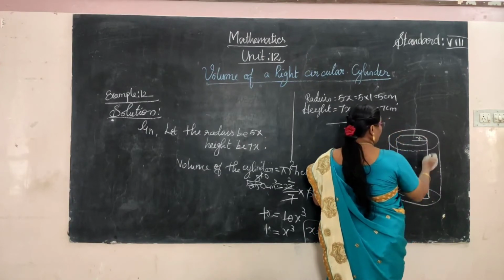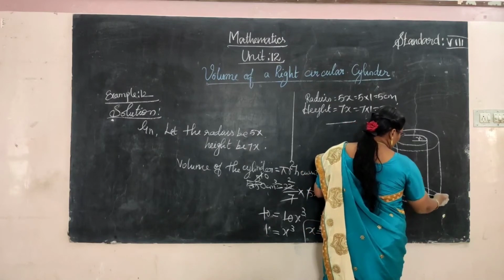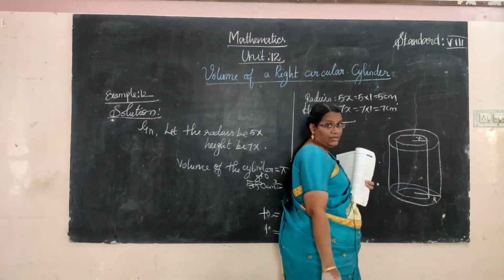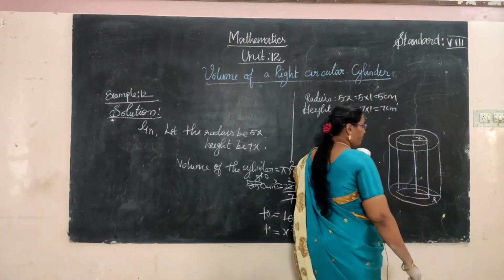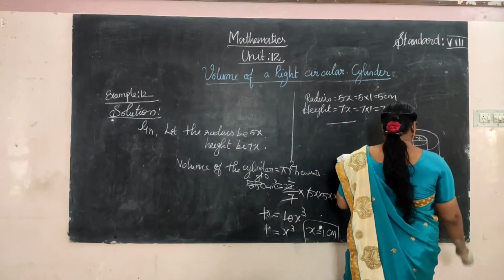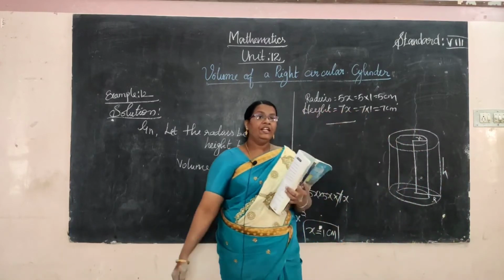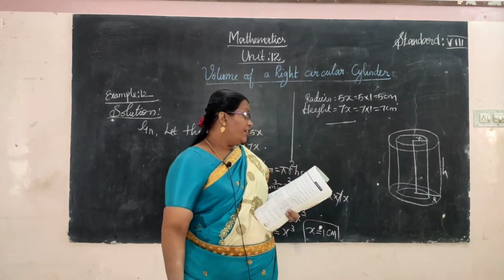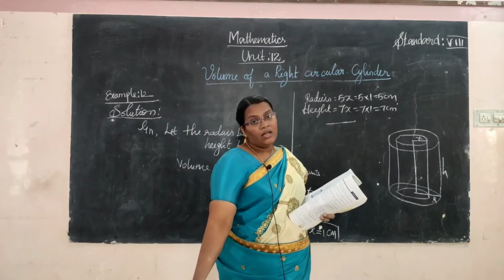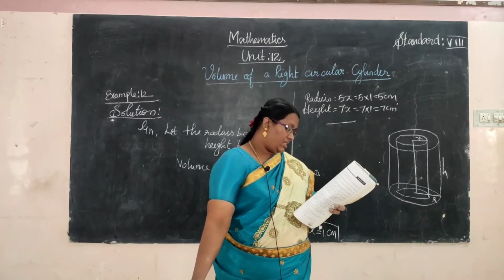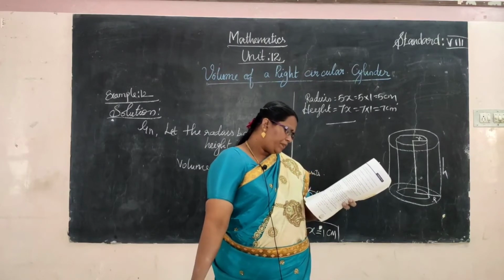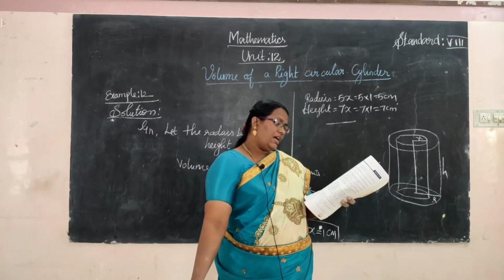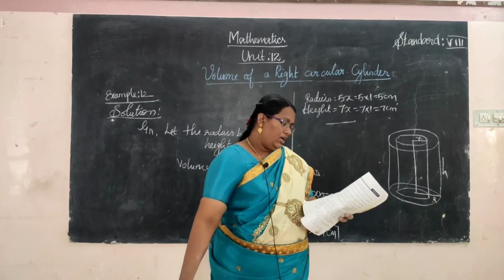This is the internal, this is the external radius. This is the height, common for both the inner and exterior of the cylinder. Only the radius varies. Here the external radius is given and the height is also given. Height is 14 centimeter.